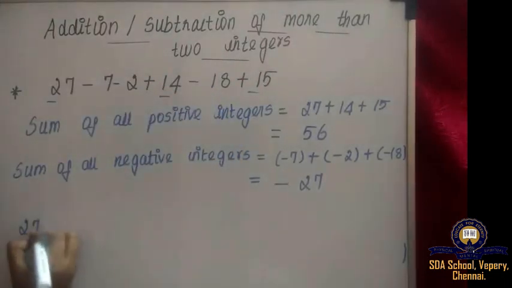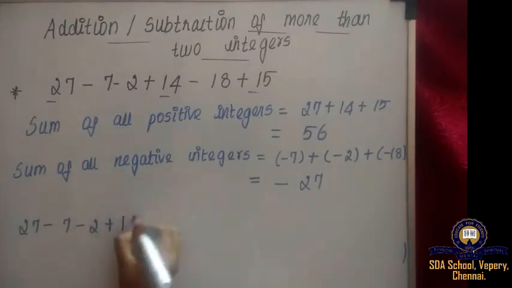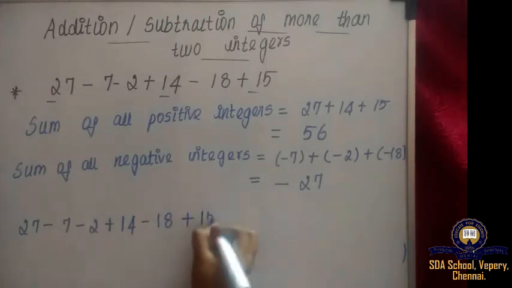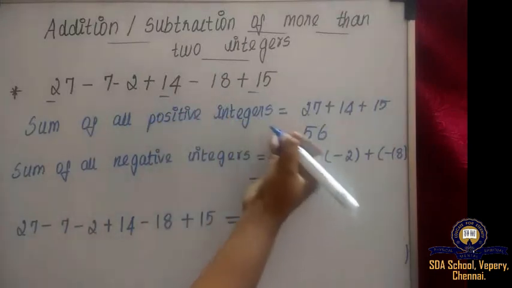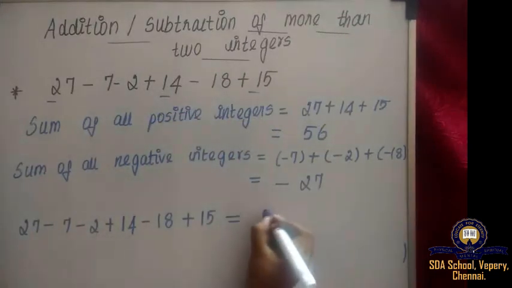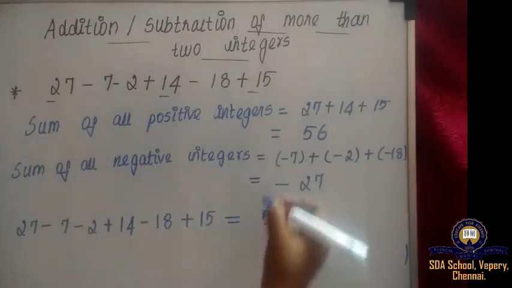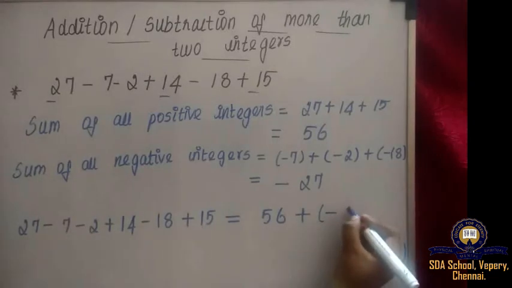So 27 minus 7 minus 2 plus 14 minus 18 plus 15 is equal to sum of all positive integers, which is 56, plus sum of all negative integers, which is minus 27.